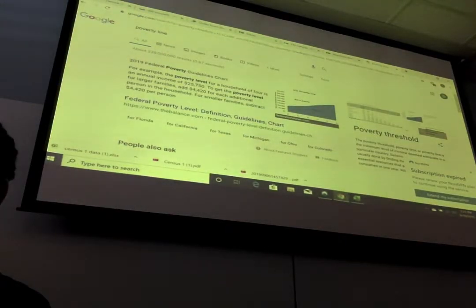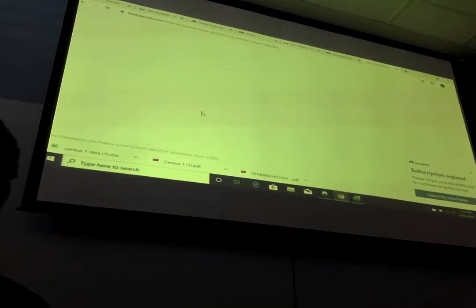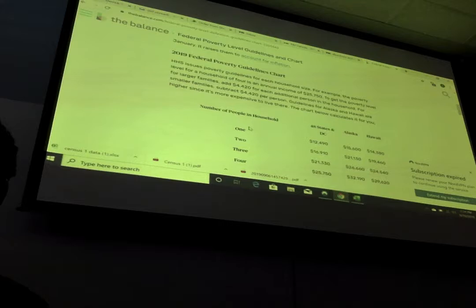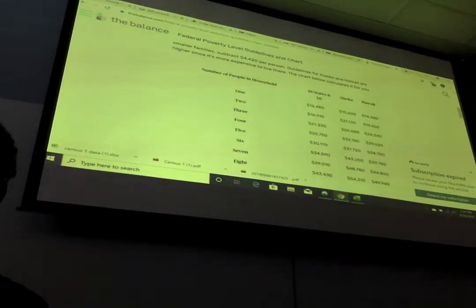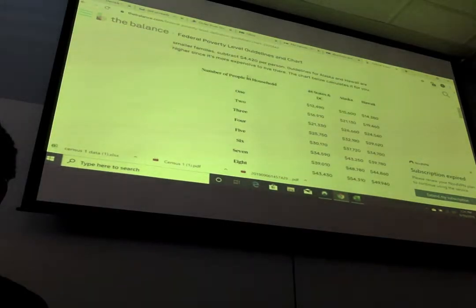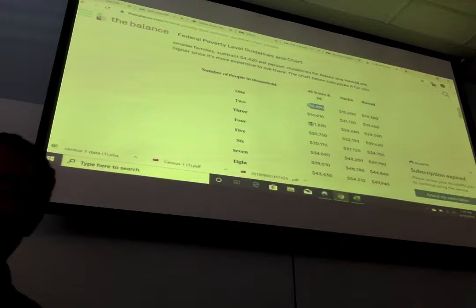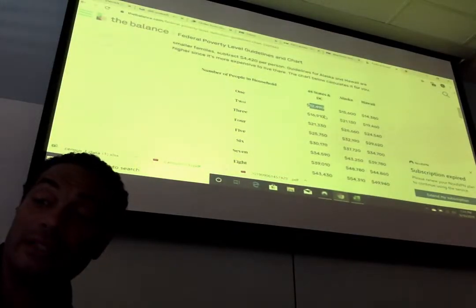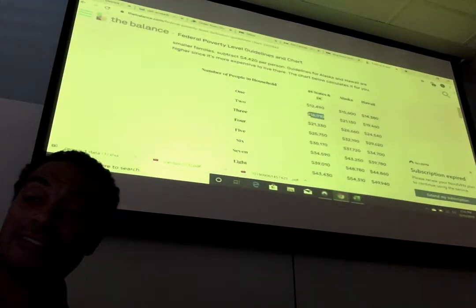For example, the poverty line for a family of 4 is 25,000 in the 48 states and DC. 12,000 would be just one person. If it's a family of 2, 16,000.